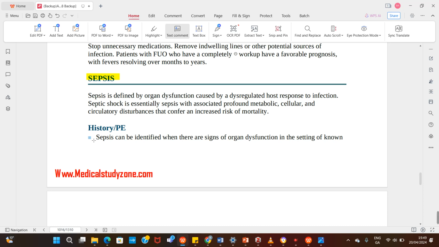So this can be complicated by septic shock because sepsis is just SIRS, any 2 of 4 of those parameters that we have listed, plus an infection focus. That's sepsis.